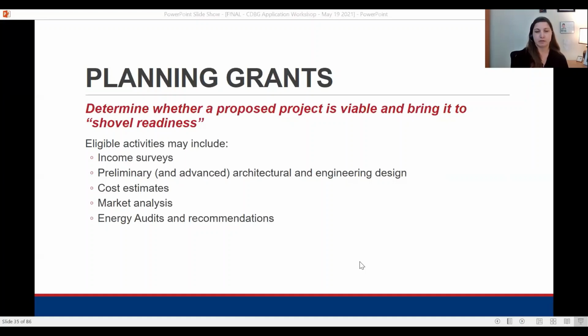So if you have an idea of a project, a good way to test and see if it might be appropriate is to think about what the project that you're hoping to accomplish as a result of this planning grant, and think about if that would meet CDBG objectives and requirements. And if so, there's a good chance that it would be a good candidate for a CDBG planning grant. And again, you can come in at any time of the year with an application for those funds.